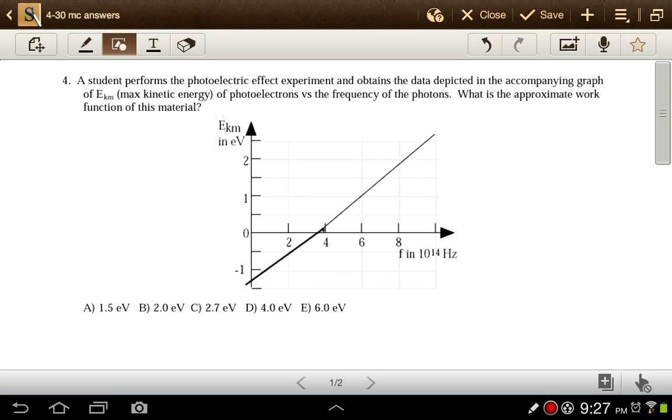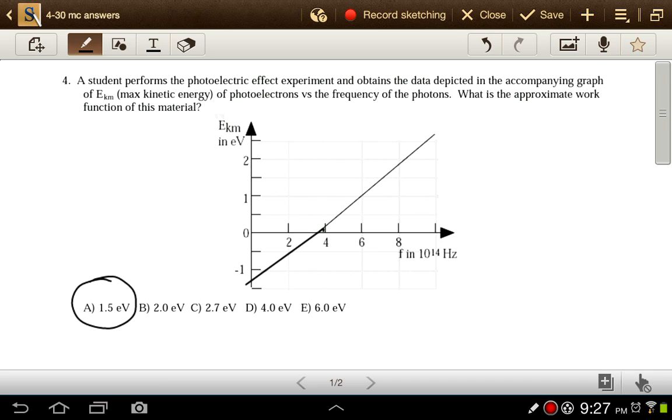So if there's no light shining on it, it needs another 1.5 electron volts of energy just to be free of the material that it's a part of, at rest on the surface. That's the definition for the work function. So the work function is just going to be whatever we get for the y-intercept here. And the y-intercept, it looks like, is supposed to be at negative 1.5 electron volts. So on this one, A would be the correct choice.